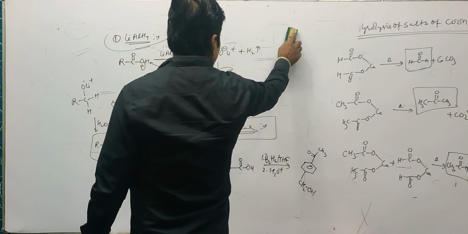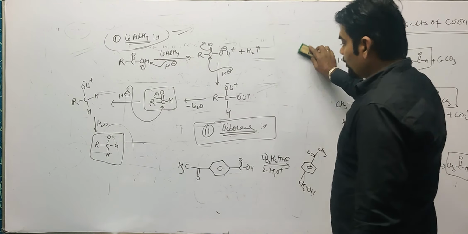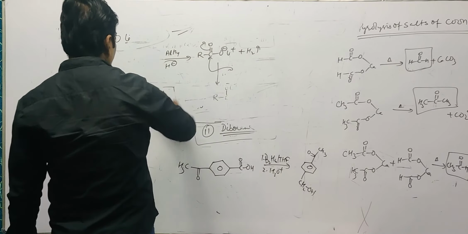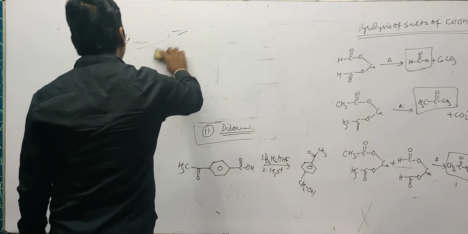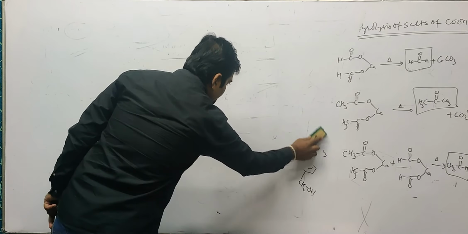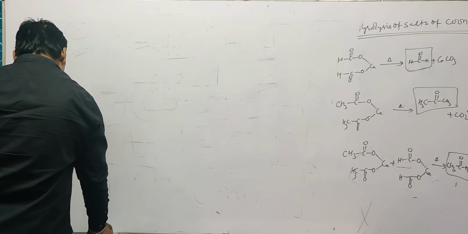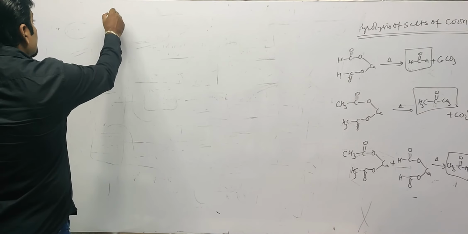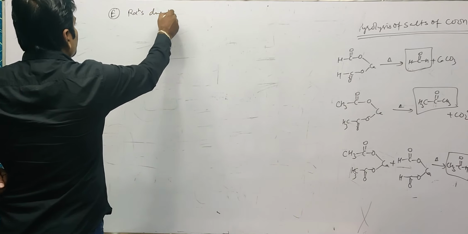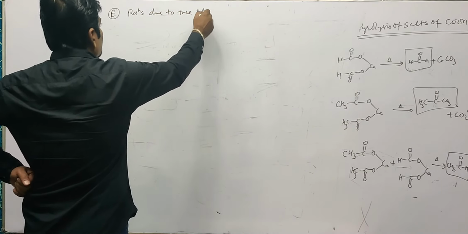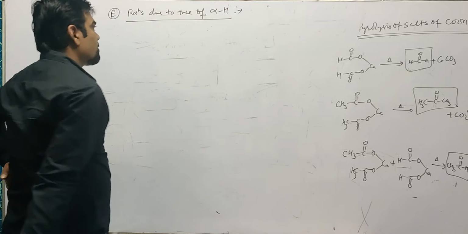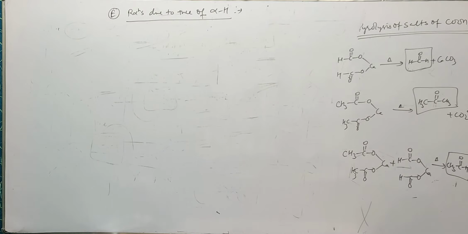The next and last reaction of carboxylic acid is reactions due to presence of alpha hydrogen.